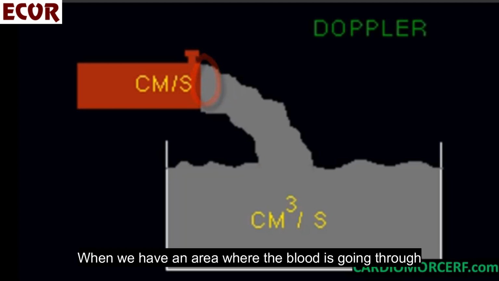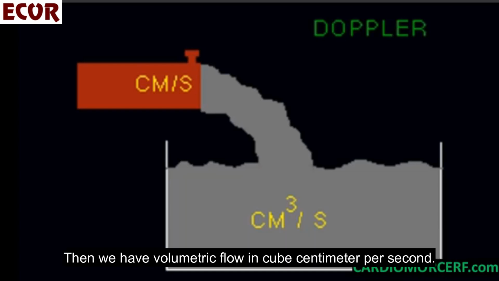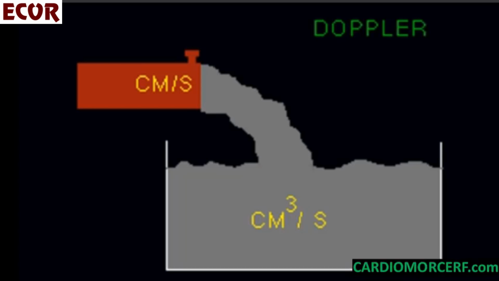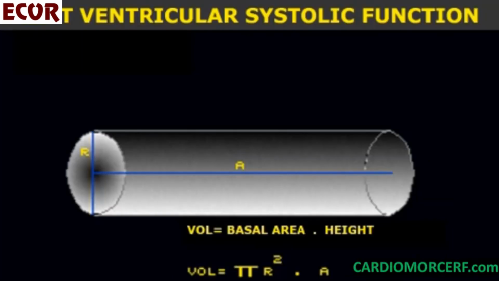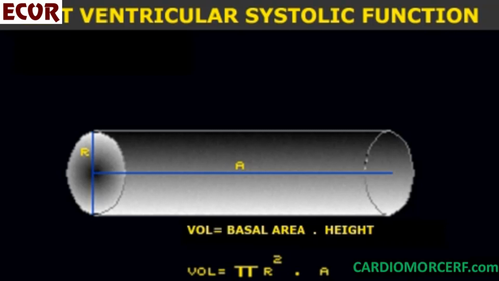When we have an area where the blood is going through in square centimeters and multiply it by its velocity in centimeters per second, then we have volumetric flow in cubic centimeters per second. Also, just a reminder of how to calculate the volume of the geometric figure of a cylinder.